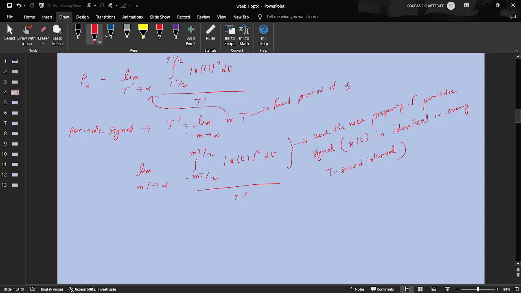So we are going to use this crucial property of x(t), that x(t) is identical in every T-sized interval. So when that happens, this integral over minus mT by 2 to mT by 2 can be written as follows.